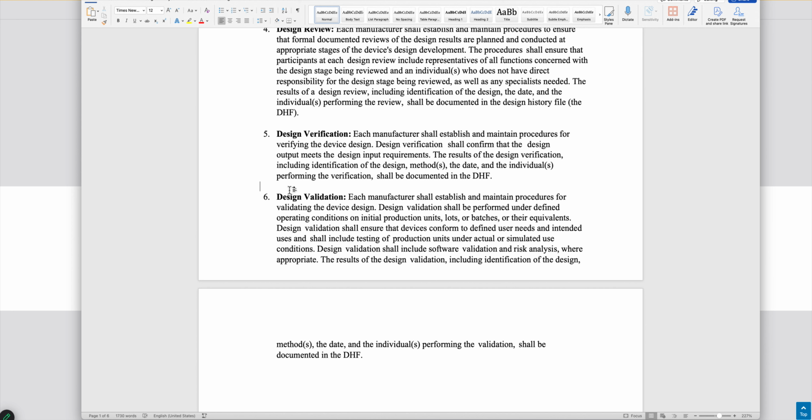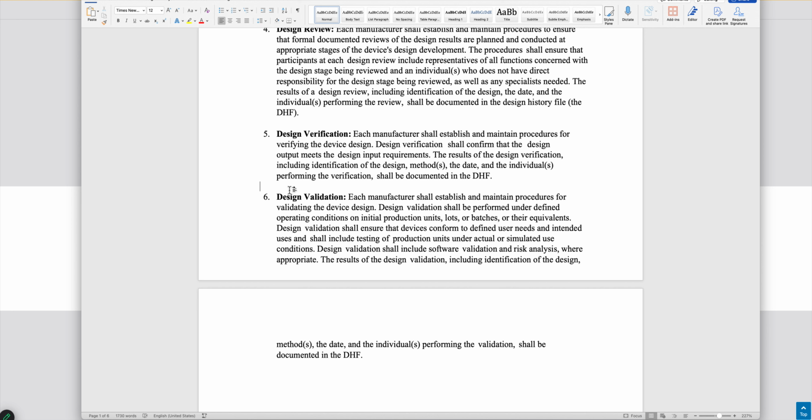So when we start to make the device, we always need to check against the design that has been verified, and we validate that we are making the device based on the design that we already documented. We kept all of those documents related to the input, output, review, and verifications in the device history file, or DHF.